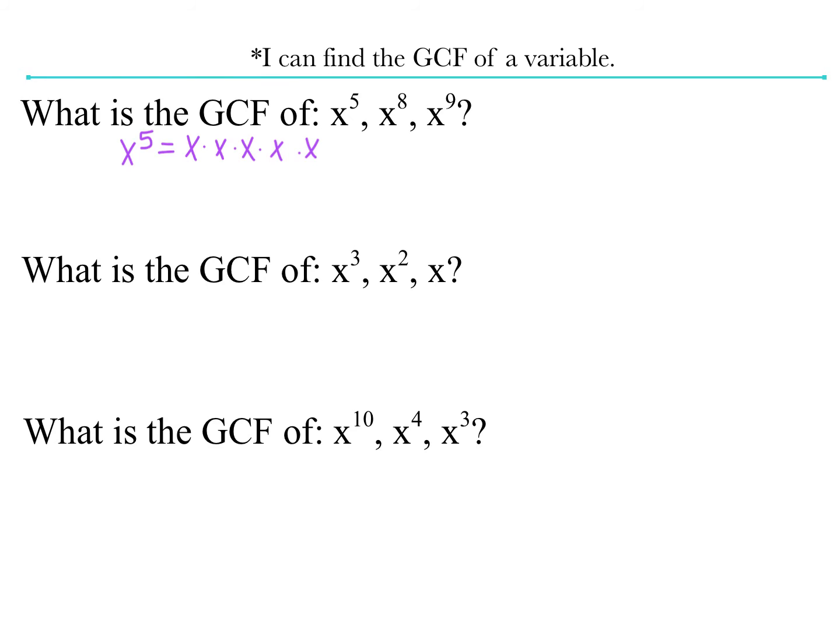Because if I have 5 x's and they're being multiplied together, I add their exponents. So it's like x to the first, so there's 5 x's. So x to the 8th is going to be 8 x's being multiplied together. 2, 3, 4, 5, 6, 7, 8. And then x to the 9th is going to be 9 x's.